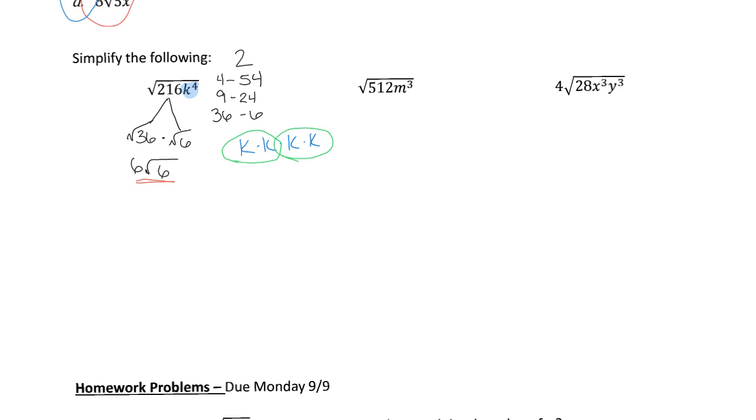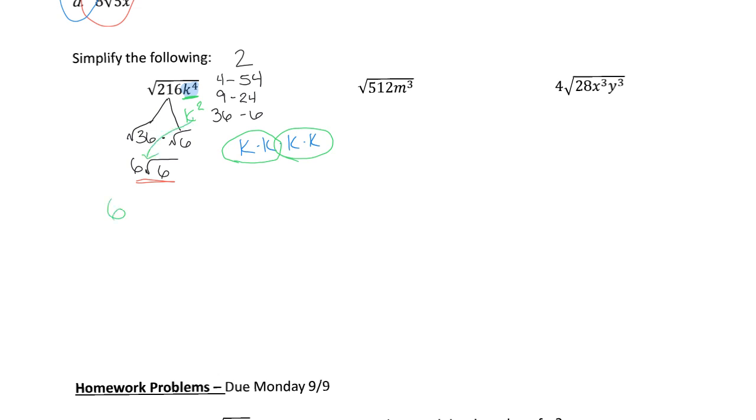So we have 2 squares of k, which means that since we have 2 even sets of k times k, the square root of k to the 4th is then k squared. And since we don't have any left over, it goes outside.